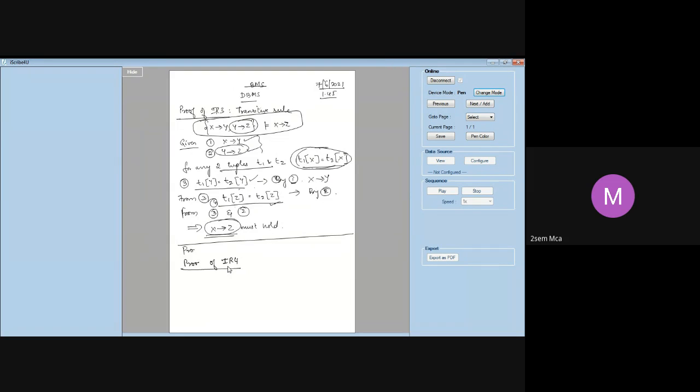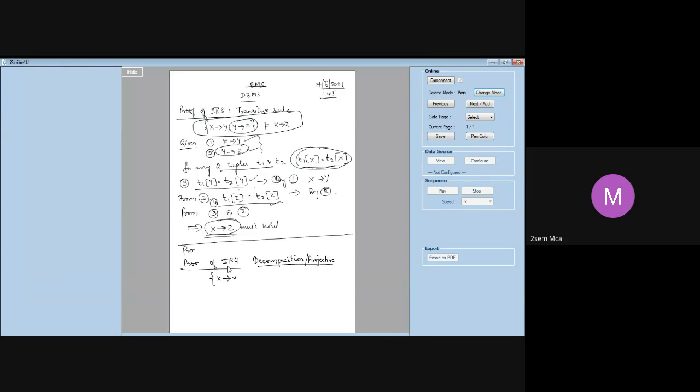Okay. Next, we move on to IR4. Let us see first what the rule is. Decomposition rule, or we call it the projective rule. This is what we saw in the last class. What does it say?